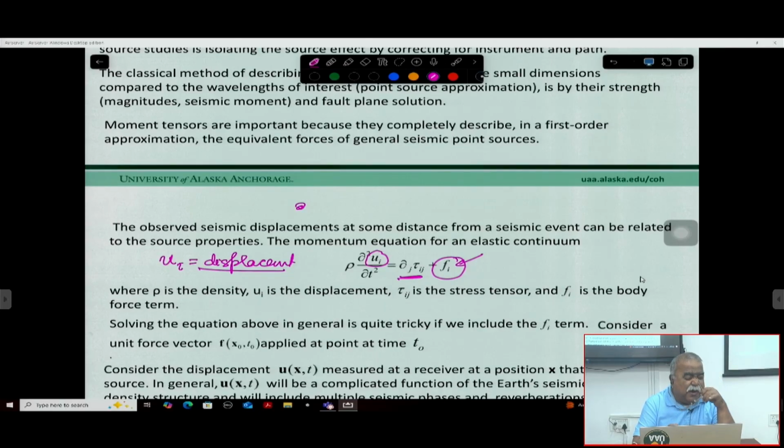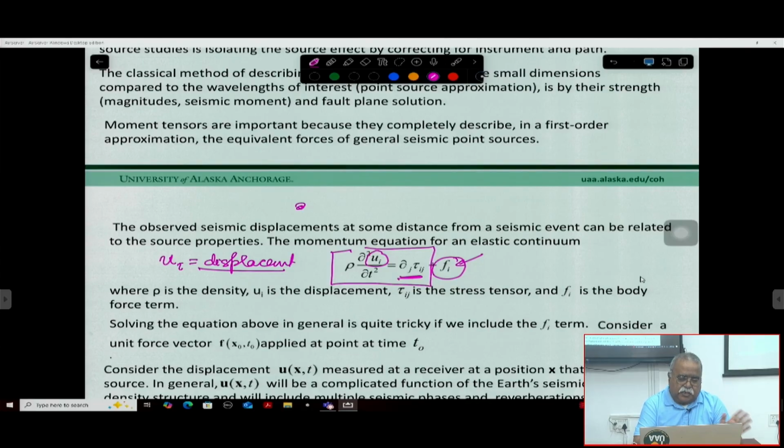Now, if the body force Fi equals 0, that means we assume there is no body force, then this solution gives basically the equation for the P wave and S wave.